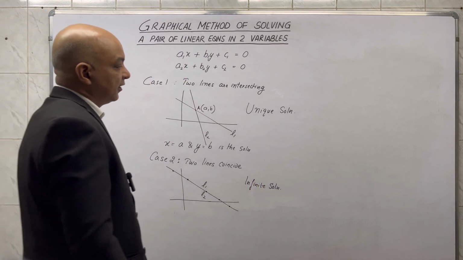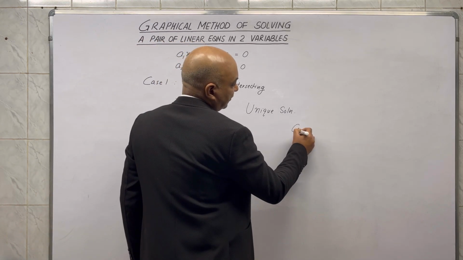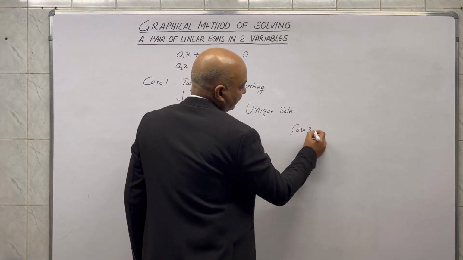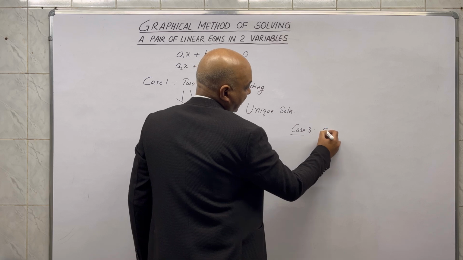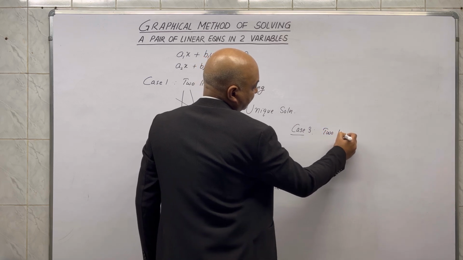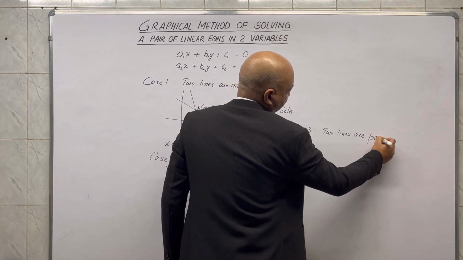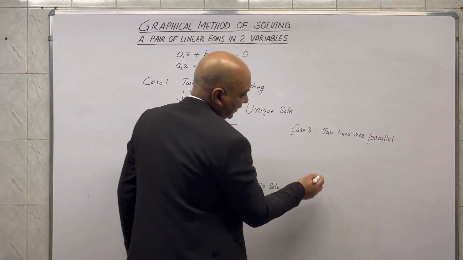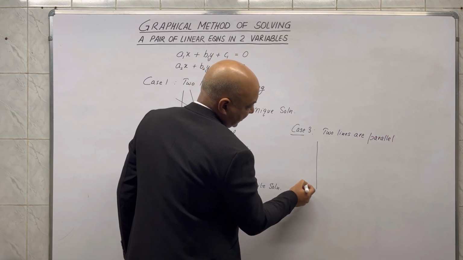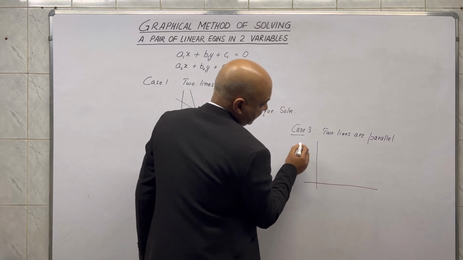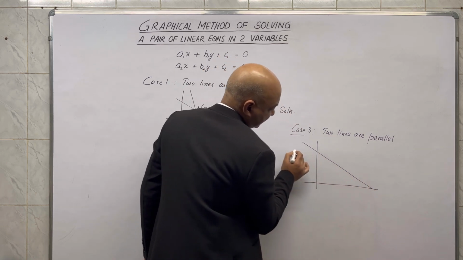And finally, case 3 could be that the two lines are parallel to each other. You will get the graph in this case maybe like this.